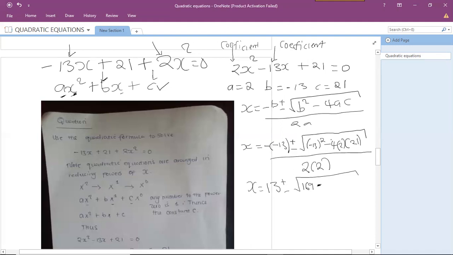Negative 4 times 2 times 21. So it's just like saying 4 times 2 times 21.